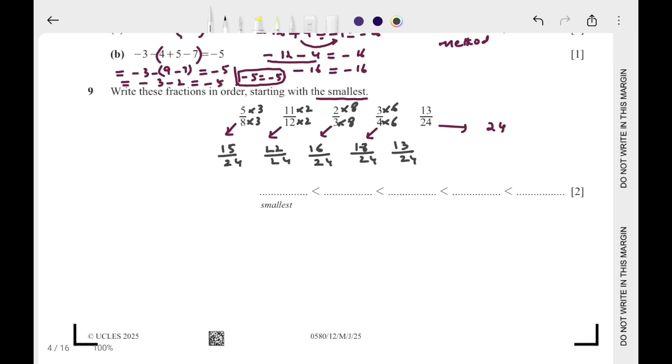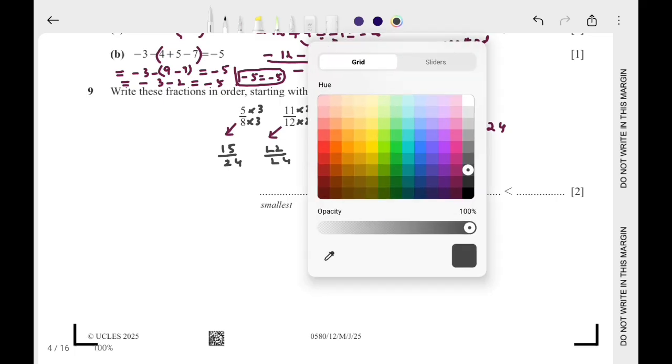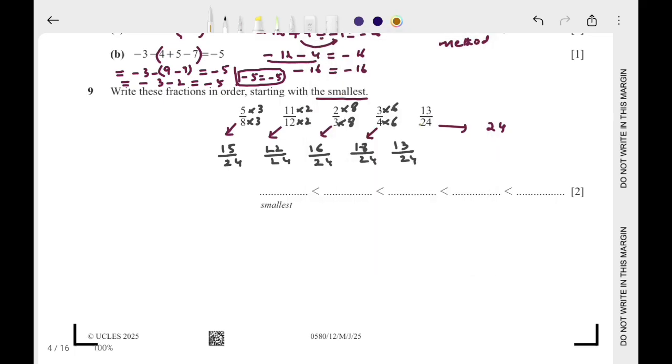Now see the smallest one. The smallest value is 13 upon 24. This should be written here. Then afterwards 15 over 24, it should be written here.